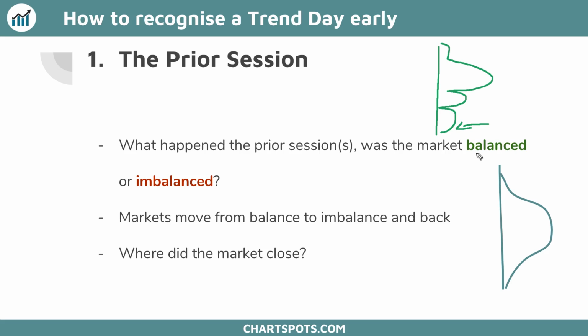This often leads to some continuation, as it implies that the market auction was interrupted by the close of the session. So those are all little nuances you should take into account when you form your picture of what the market has been doing in the prior sessions.